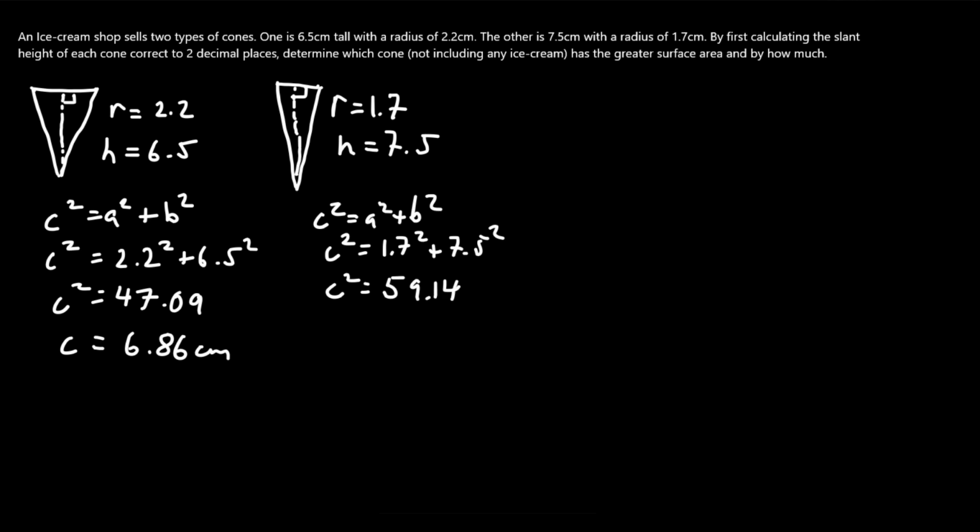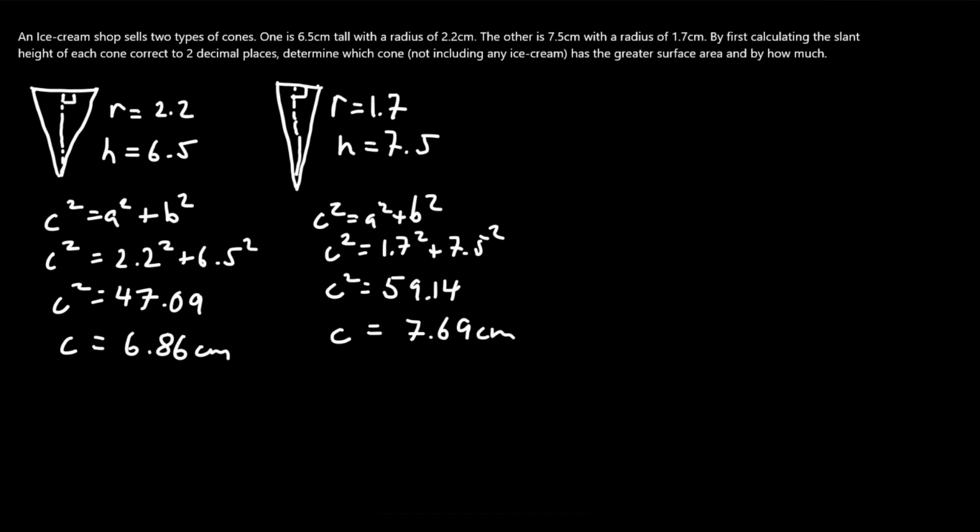Good. Alrighty. And we don't want c squared, remember? We just want c. So we do the square root of both sides and we end up with 7.69 centimeters rounded to 2 decimal places. So we've got the slant height correct to 2 decimal places.